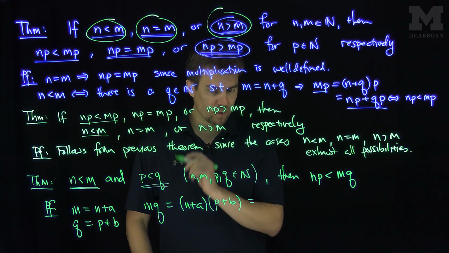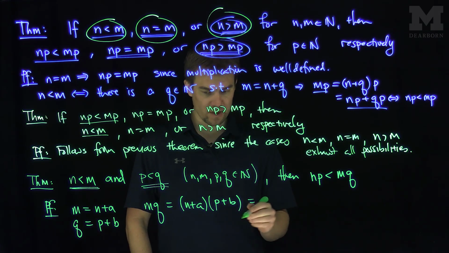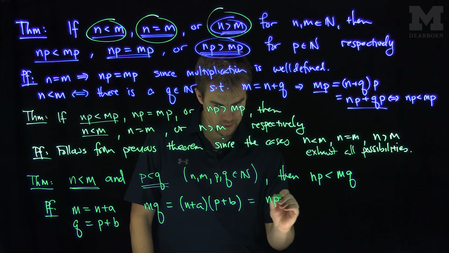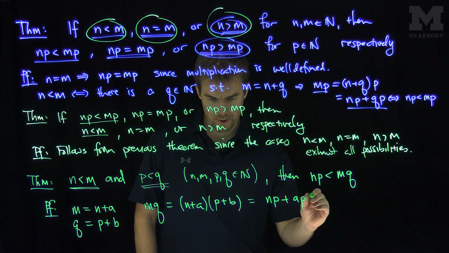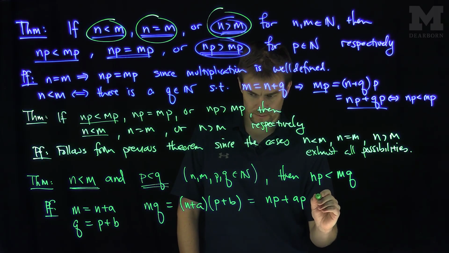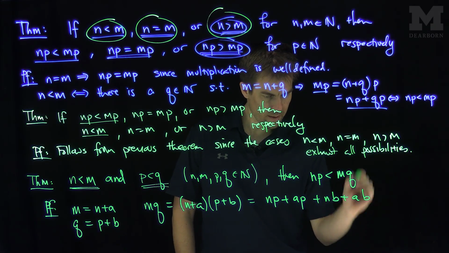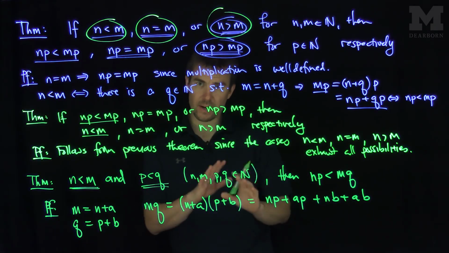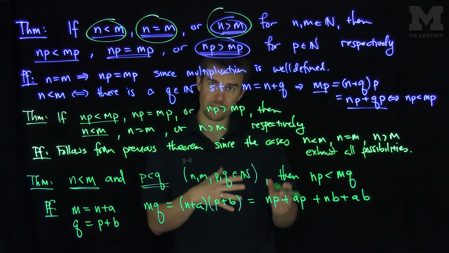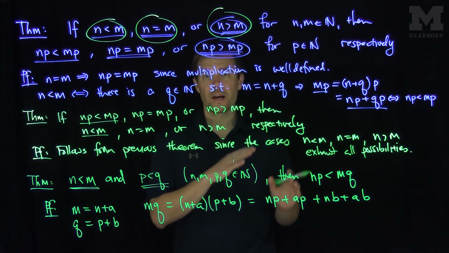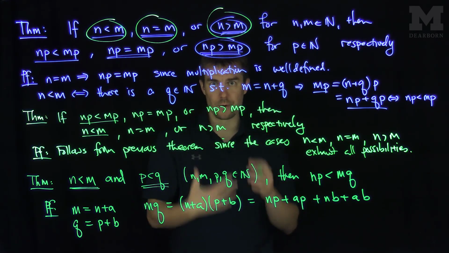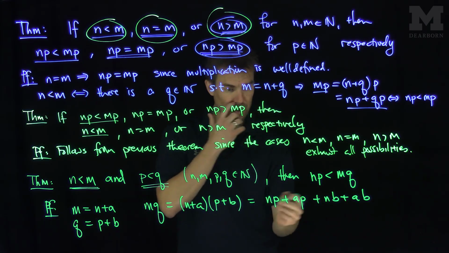And by using distributivity, associativity, and commutativity, I can write this as np plus ap plus nb plus ab, and I'm not writing down any parentheses because associativity says that the order doesn't matter.